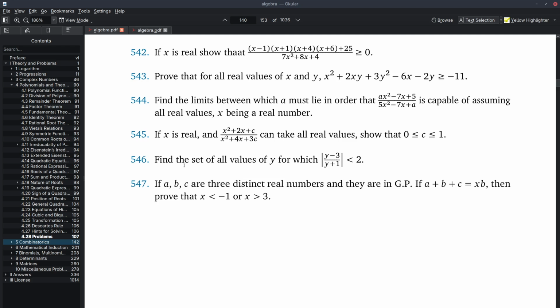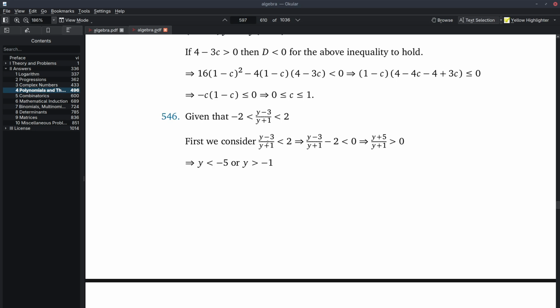Question 546 says: find the set of all values of y for which mod of (y minus 3) over (y plus 1) is less than 2. So we remove the mod sign, we get minus 2 less than (y minus 3) over (y plus 1) less than 2. So first we consider (y minus 3) by (y plus 1) less than 2. So we get (y plus 5) over (y plus 1) greater than 0.